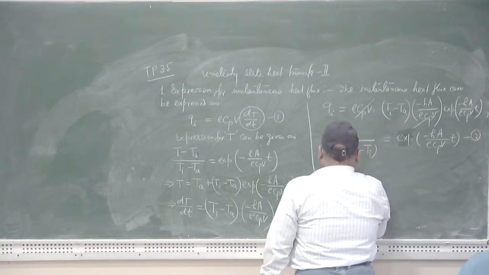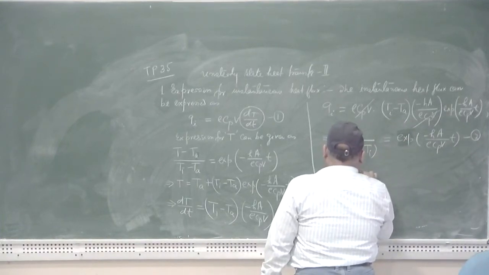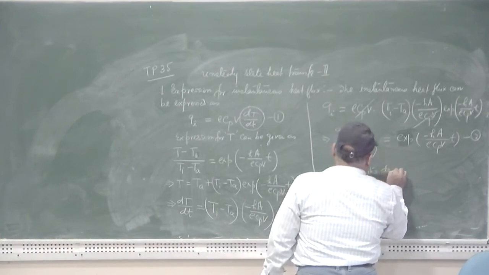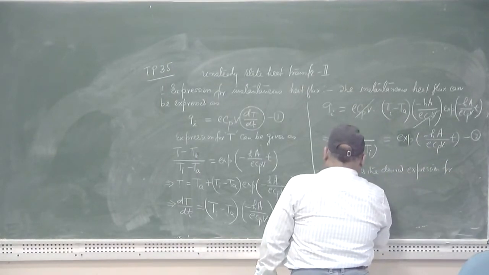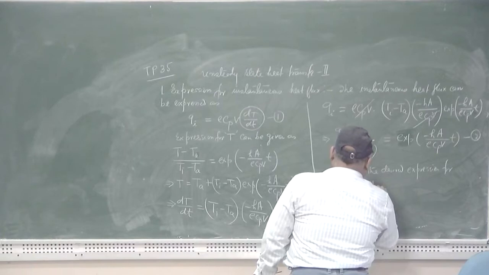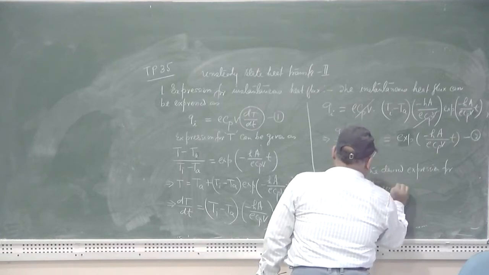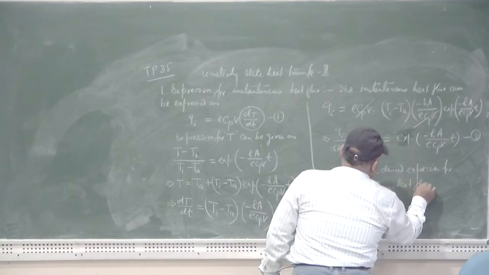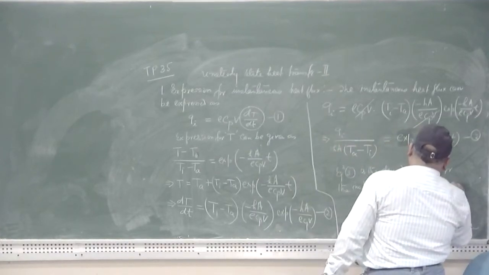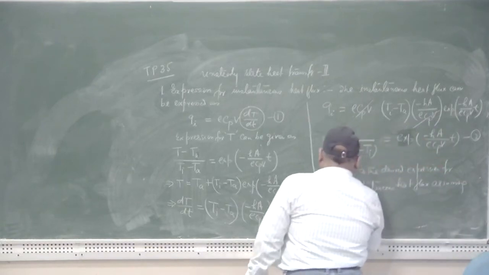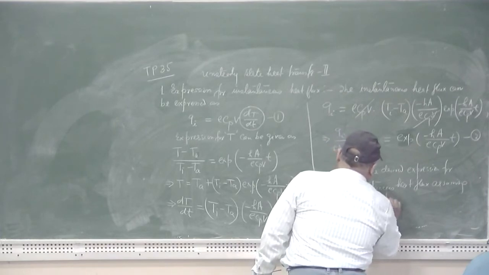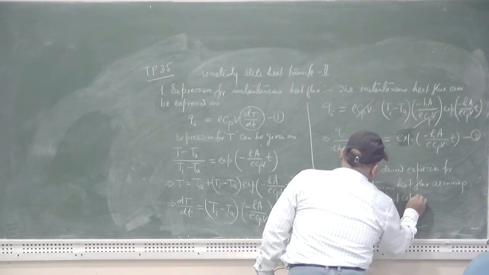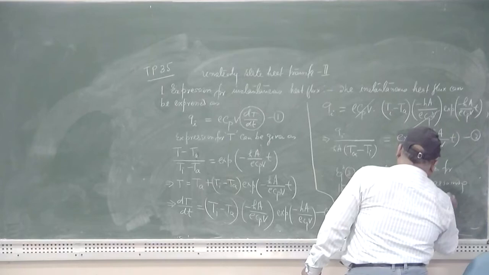So, equation number 3 is the desired expression for the instantaneous heat flux, assuming that the lumped heat capacity analysis is applicable.